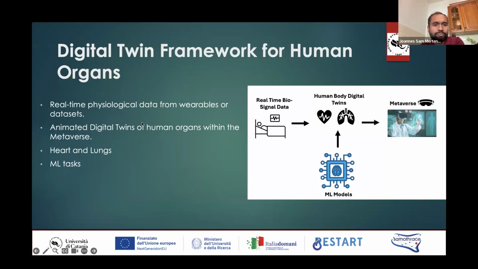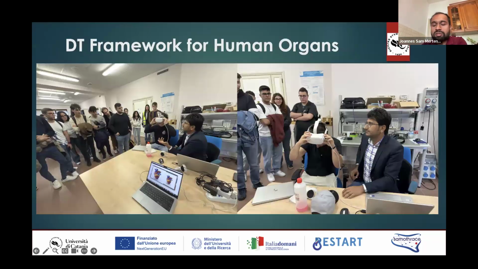And this is our lab, and we have the PhD student working on this, and he's showing the 3D view of the animated organs to the master students here. We have the MetaQuest device. The students who are wearing the virtual device, the MetaQuest 2, are actually looking at the real-time view of the heart organ.